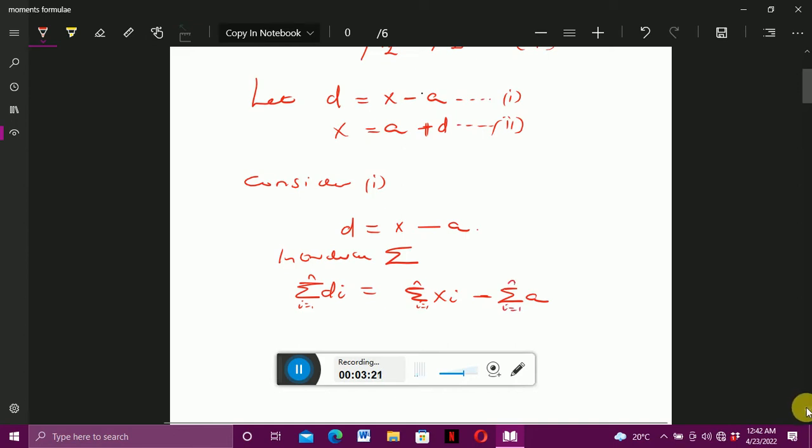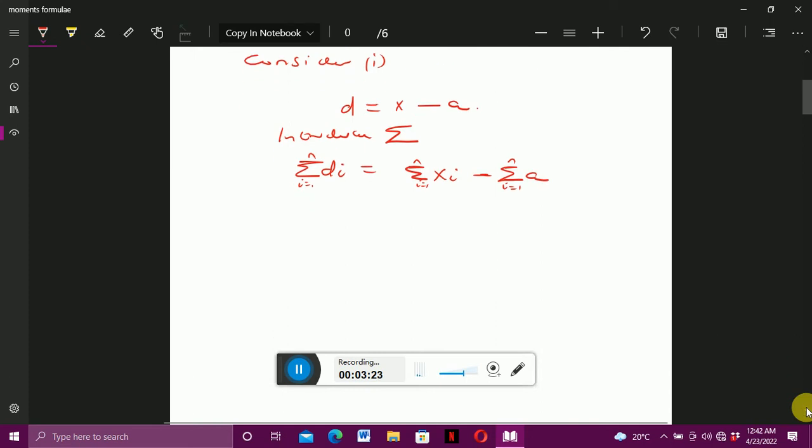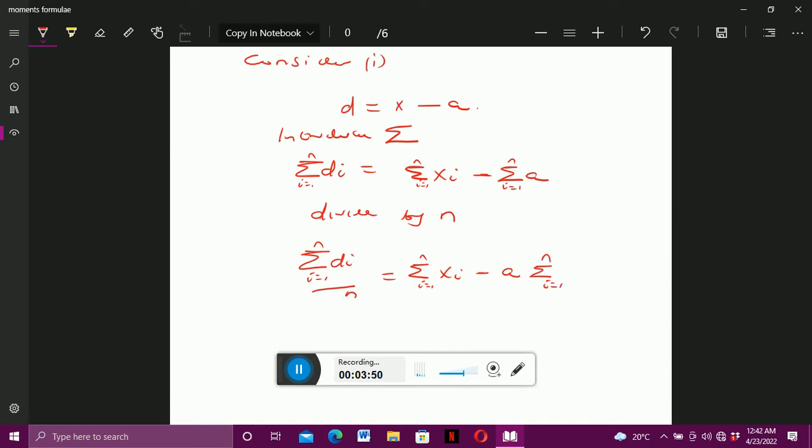So once we have written that, we can divide through by n, each of these terms. So we are going to have the sum of di, i is equal to 1 to n, divided by n, is equal to the sum of xi, i is equal to 1 to n, minus a times the sum from i equals 1 to n of 1.